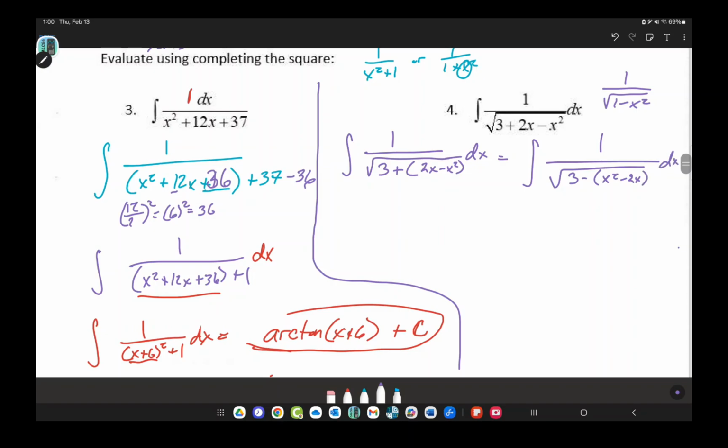So when I factor out a minus, I reverse the order. Now my x squared is positive and my 2x is negative. I need to have that minus there, because otherwise it's not arcsine.